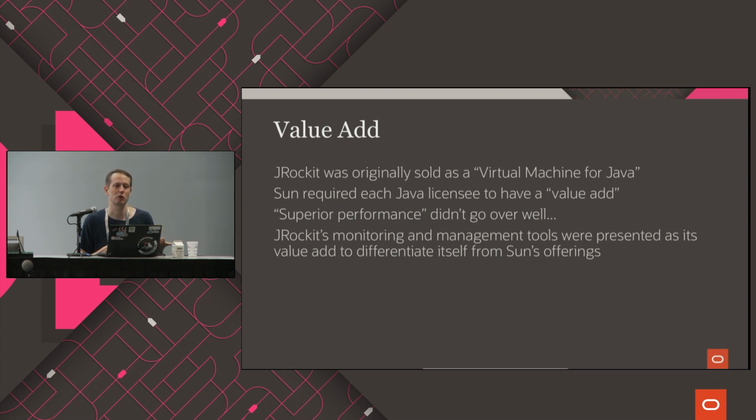But JRocket was supporting platforms that more or less were already covered by Sun or maybe other providers. And so originally, I guess they responded with superior performance. Our JVM performs better than Hotspot, and that didn't go over very well with the people at Sun.